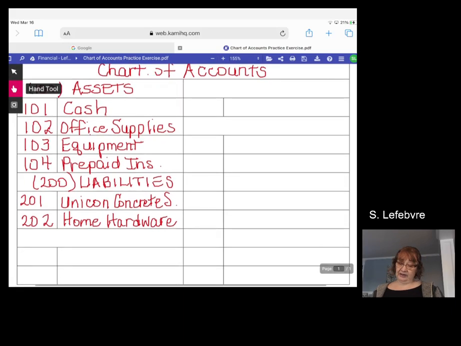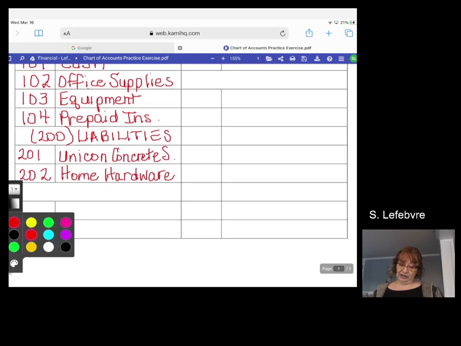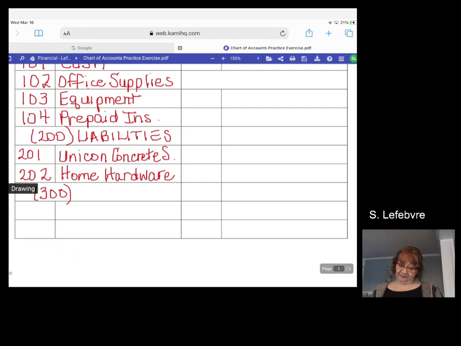Okay, I'm just going to move our chart up a little. And then I'm going to do our third category, and capital is always going to be 300. And I can call it capital or I could call it owner's equity here. Either would be correct.